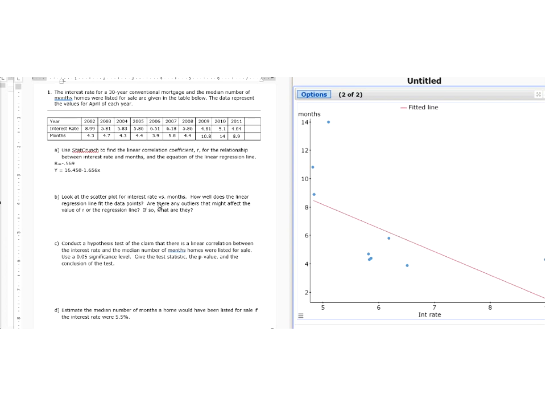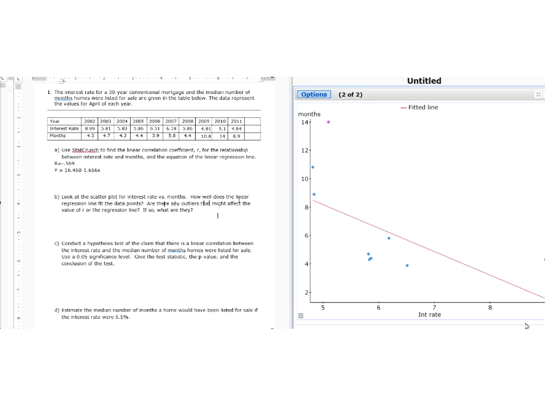But here where it's asking me how well the linear regression line fits the data points, not especially well. There are a couple that are way off the line, like this one. So that one we could probably consider an outlier. But this is a way to get the scatter plot, if that's what you're looking for.